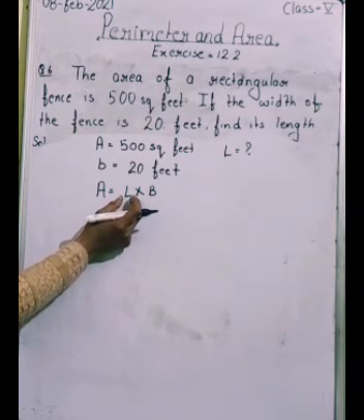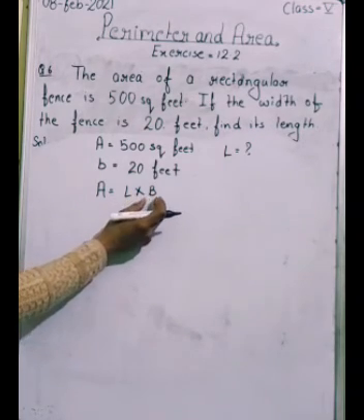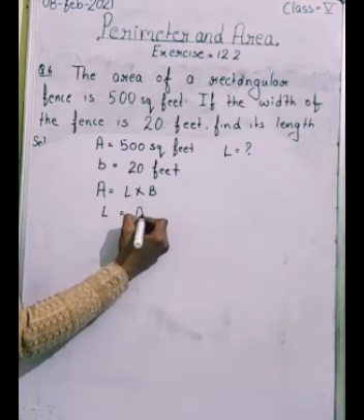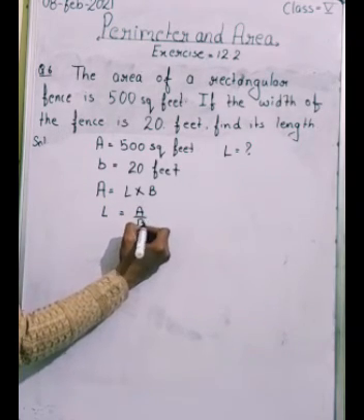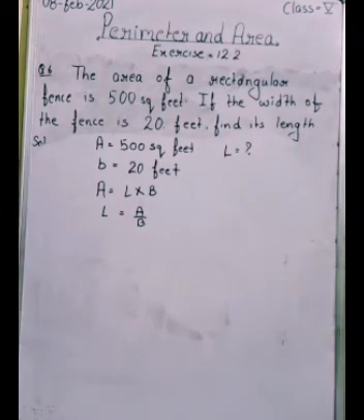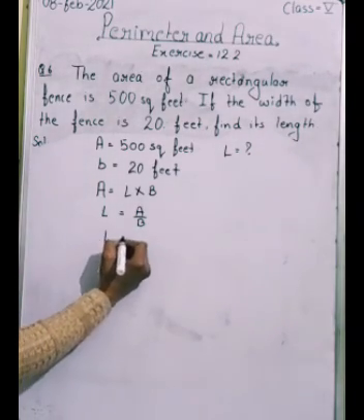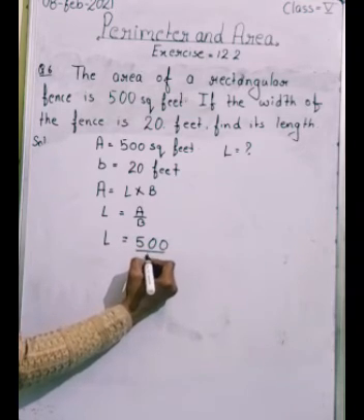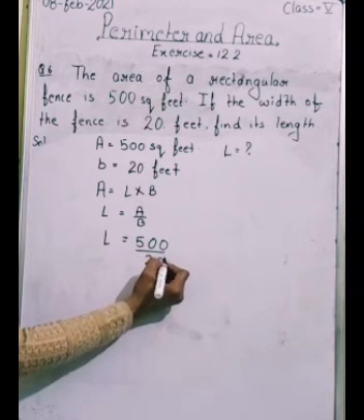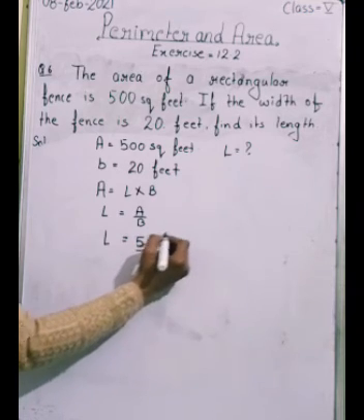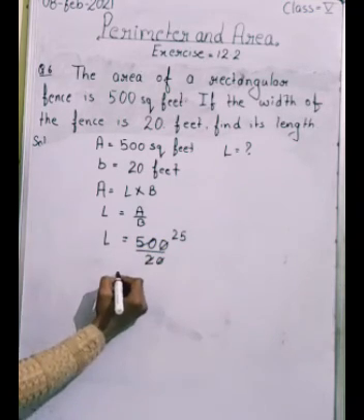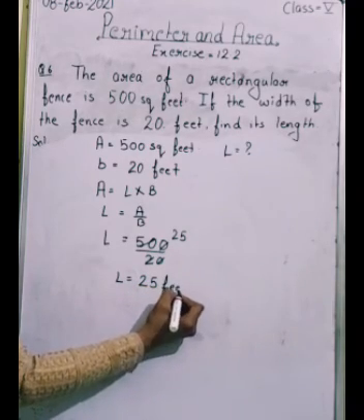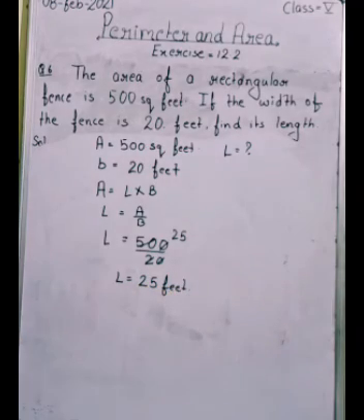You have to find the length, so keep it here and take the breadth to the other side of equals. So length is equal to area upon breadth. Okay. So L is equal to 500 upon 20, and when you divide, it comes to 25. So length is equal to 25 feet, and this will be your answer.